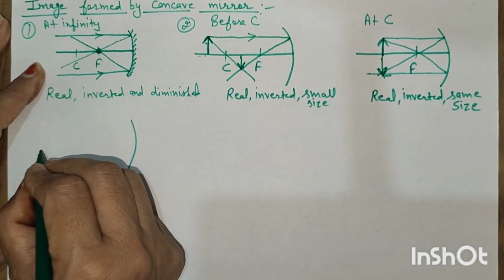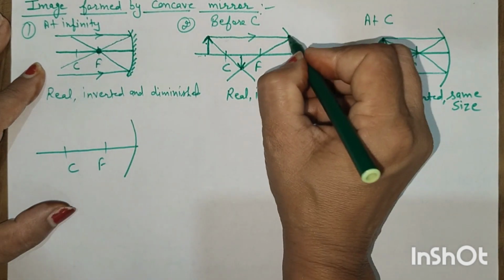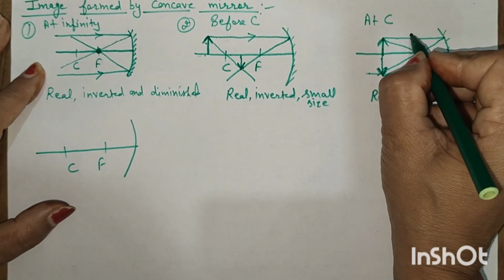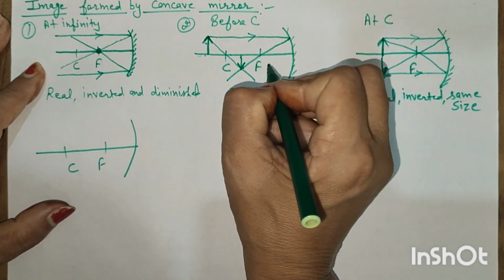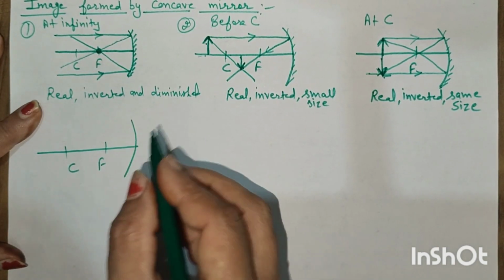Now the next image. You will mark here the polished surface and mark the arrow to show the movement of the ray.